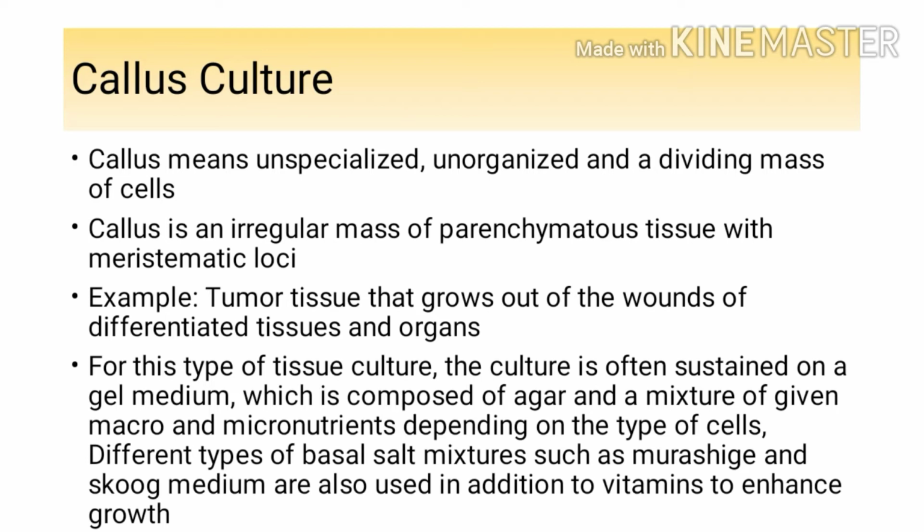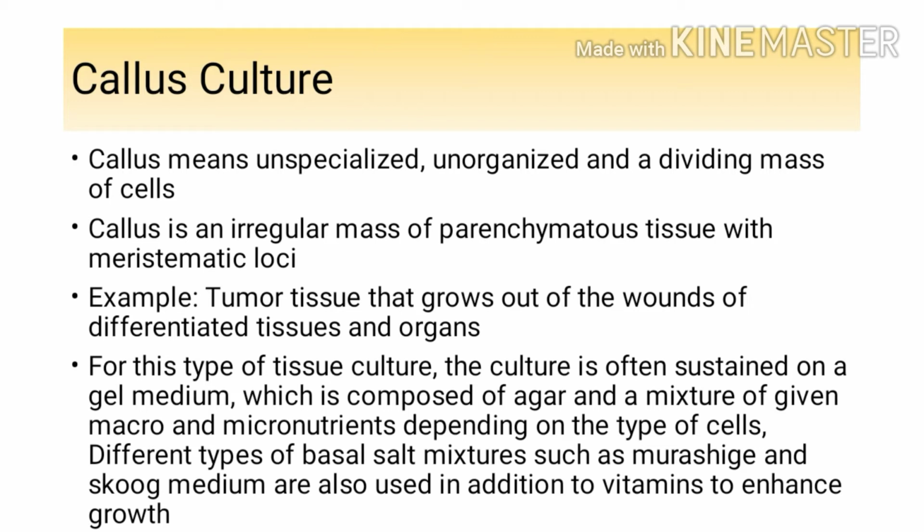Because this is callus culture, we have a bunch of cells. Callus is an irregular mass of parenchymatous tissue with meristematic loci. If you consider a donor plant, the meristematic portion is the highly dividing portion of the plant. It has the capacity to divide and multiply more than the older parts of your plant.